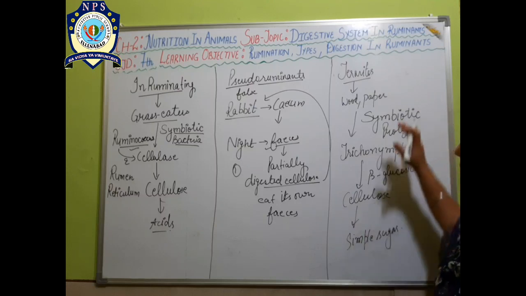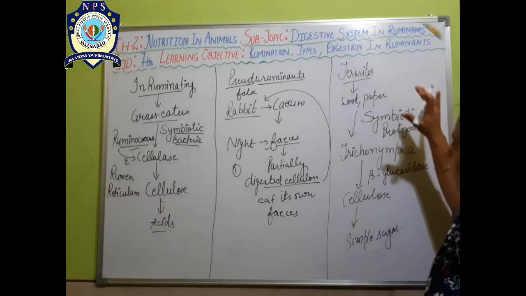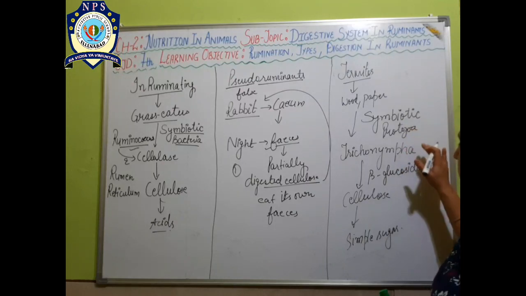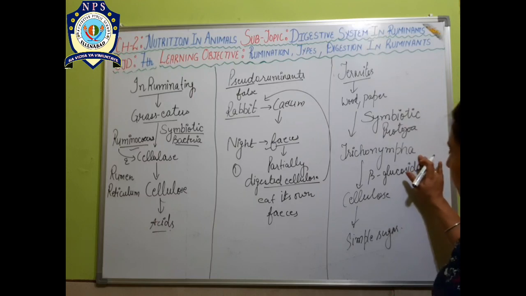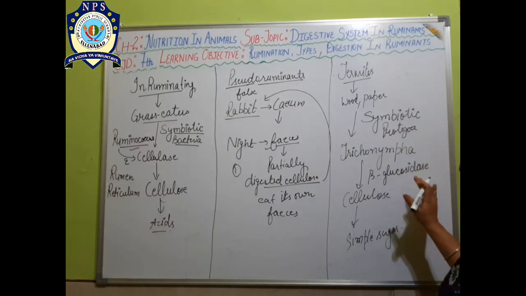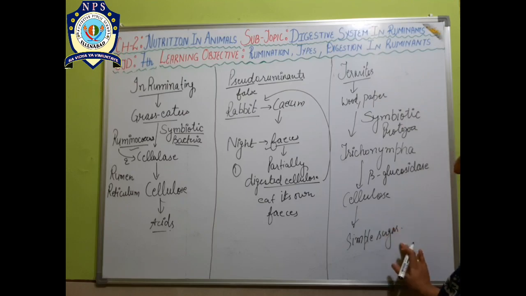So here you can see that termites have symbiotic protozoa in them as microbe, which is Trichonympha, and with the help of the enzyme beta glucosidase, it digests the cellulose into simple sugar.